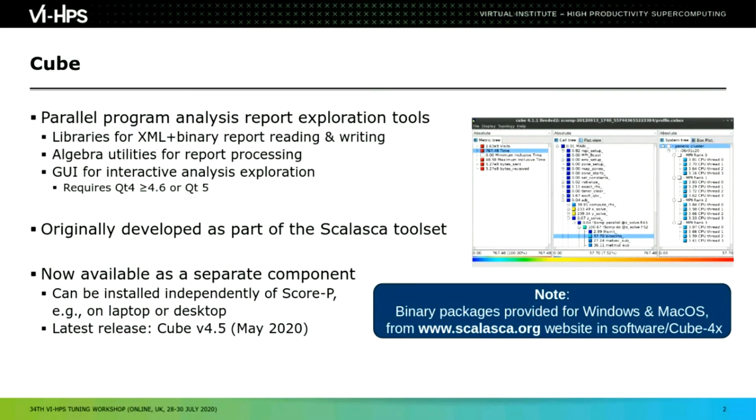The installation on Archer is available. You can run it there as cube, as Christian mentioned. You need to make sure that you have X forwarding set up to do that. That can either be done with ssh -X, or if you're using PuTTY or some other infrastructure, you may need Xming or something else to provide the X server.